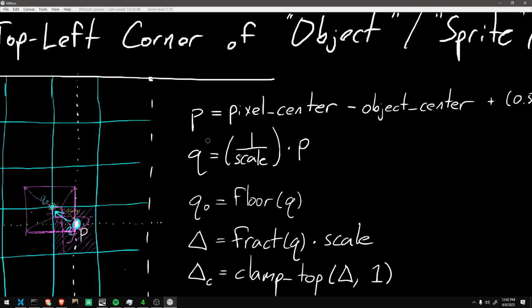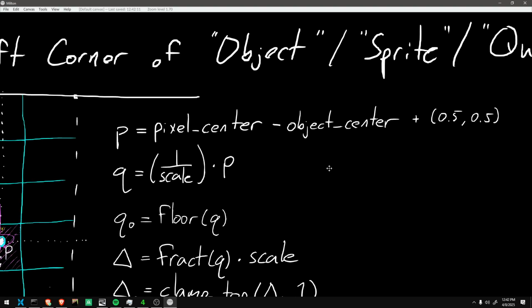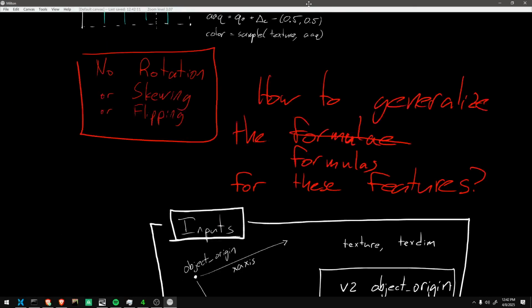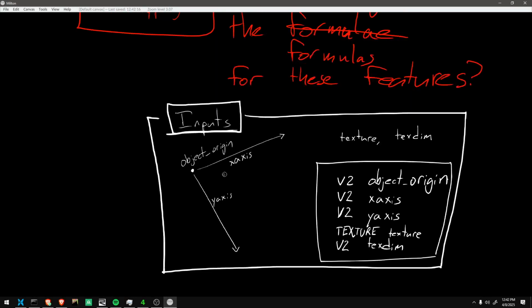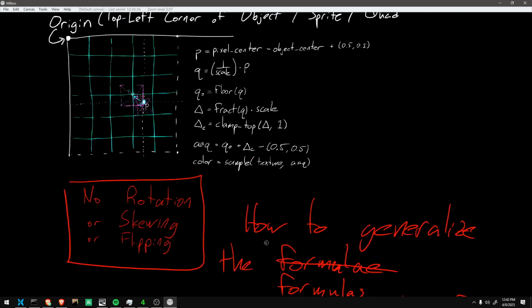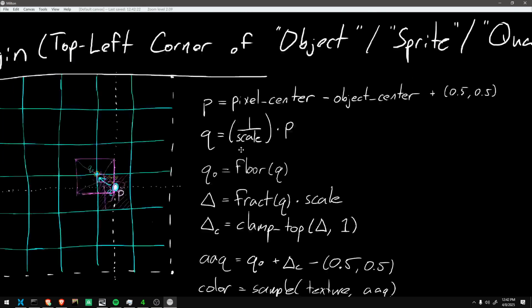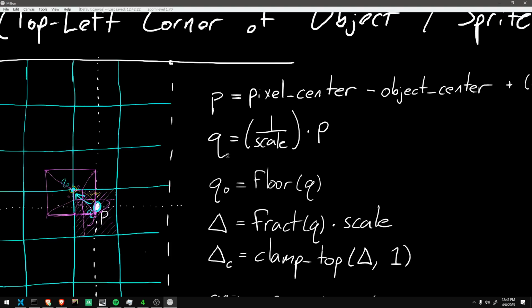Q used to just be P divided by the scale, but there is no such thing as divided by the scale anymore. Going from P to Q is essentially like an inversion operation.